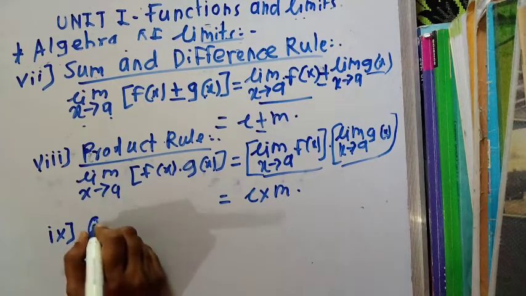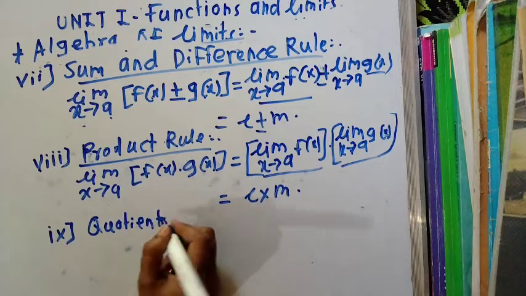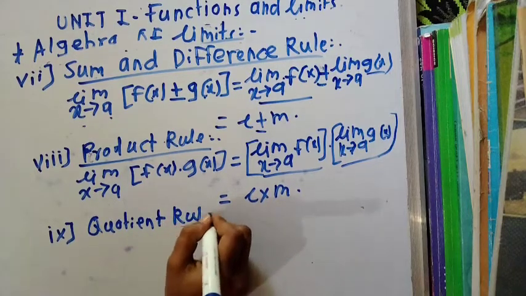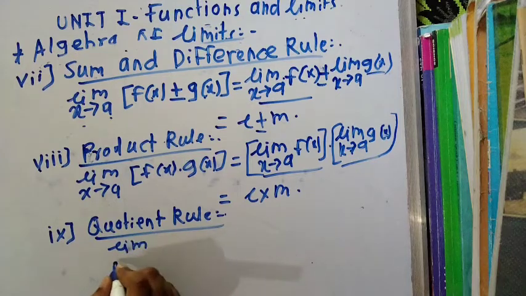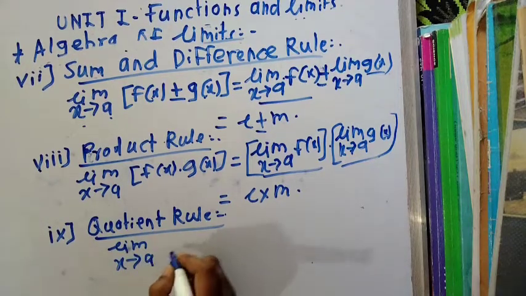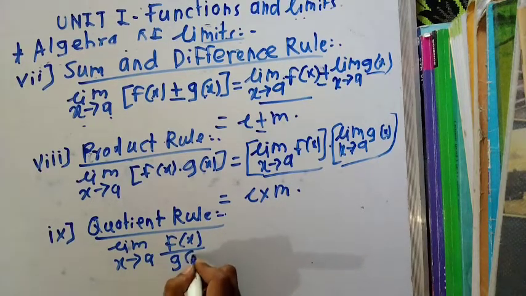Then the next rule is the quotient rule. Quotient means division. So for the quotient rule, limit x tends to a f of x divided by g of x.